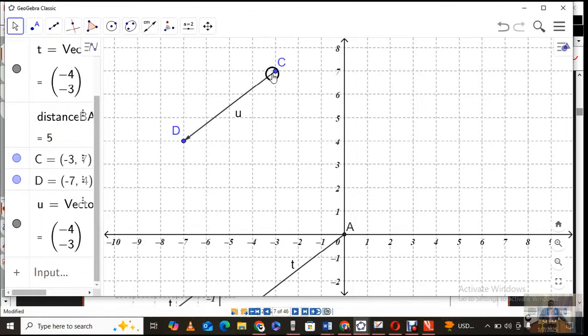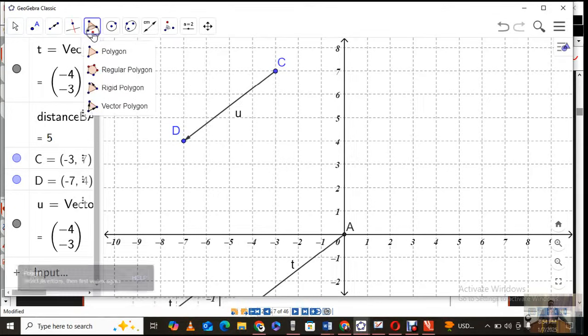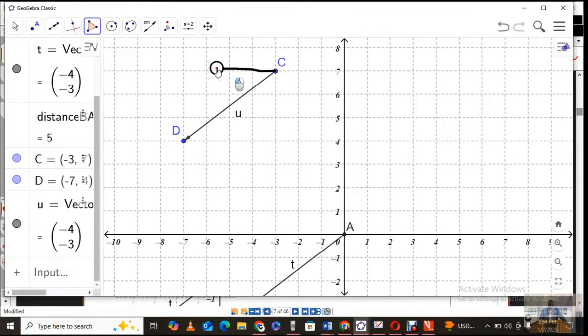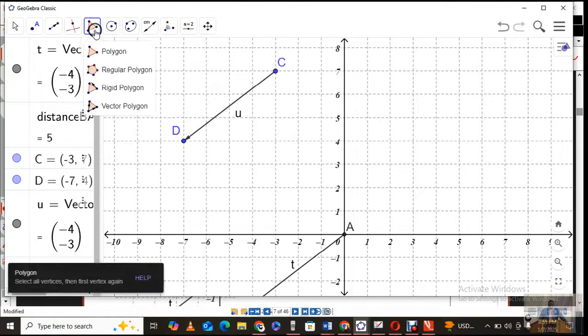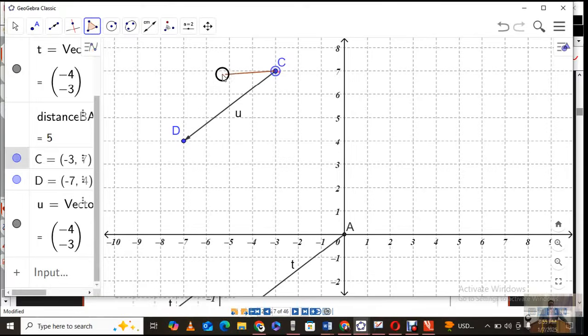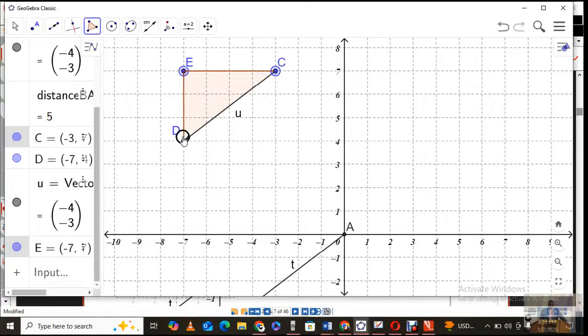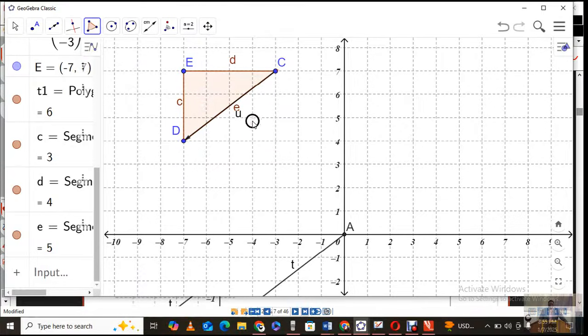We are interested in that diagonal line, the distance there. In order to calculate that distance, it's like you are creating a right angle triangle. Can you see that? We have to apply Pythagoras to find that length.